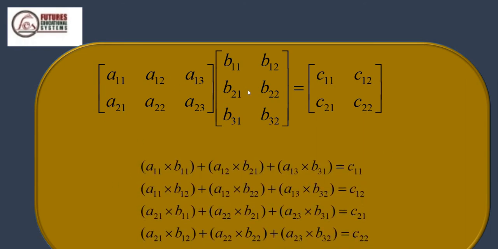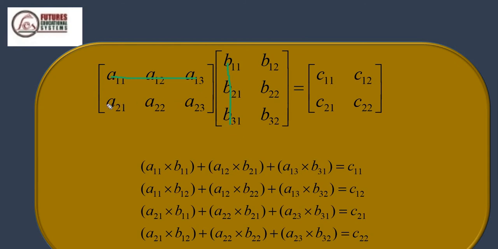When we want to multiply two matrices, we multiply the first row by the first column: A11 times B11 plus A12 times B21 plus A13 times B31.